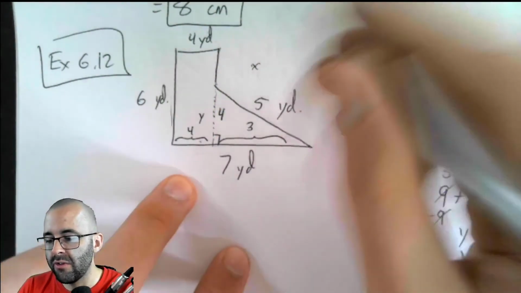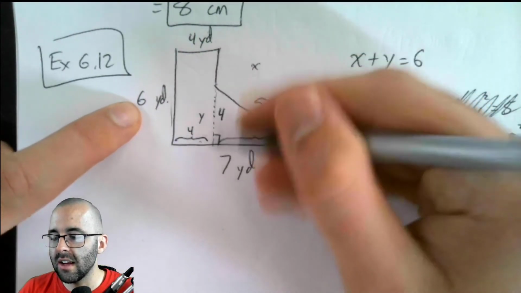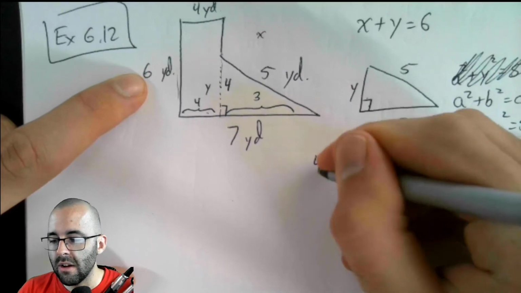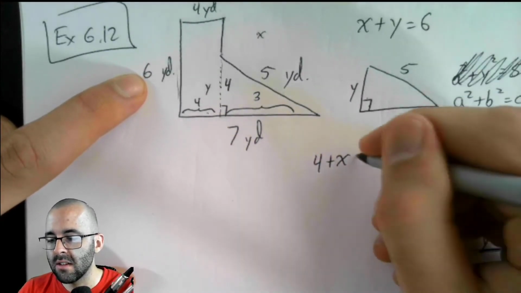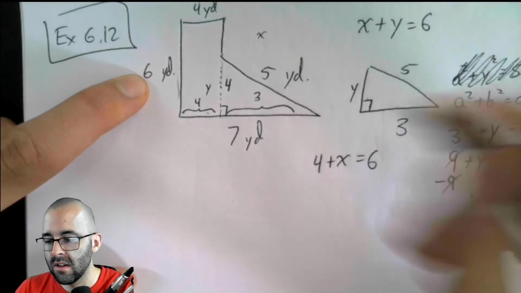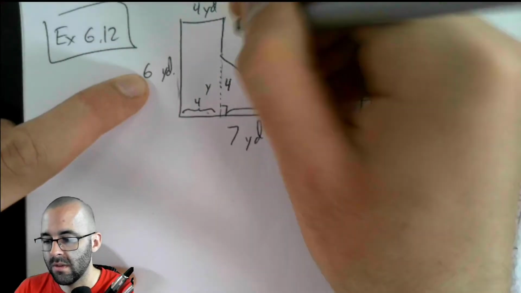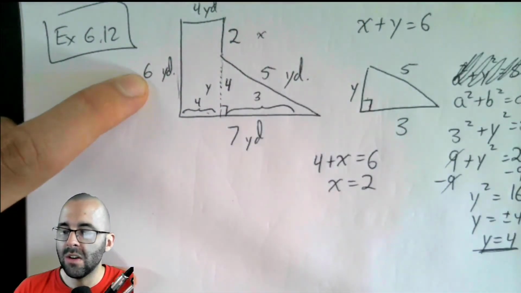So if this is 4, and the whole side is 6, we know that 4 plus x equals 6, right? We wrote that down right here. So x, subtract 4 from both sides, has to be 2. And now we know all the information.